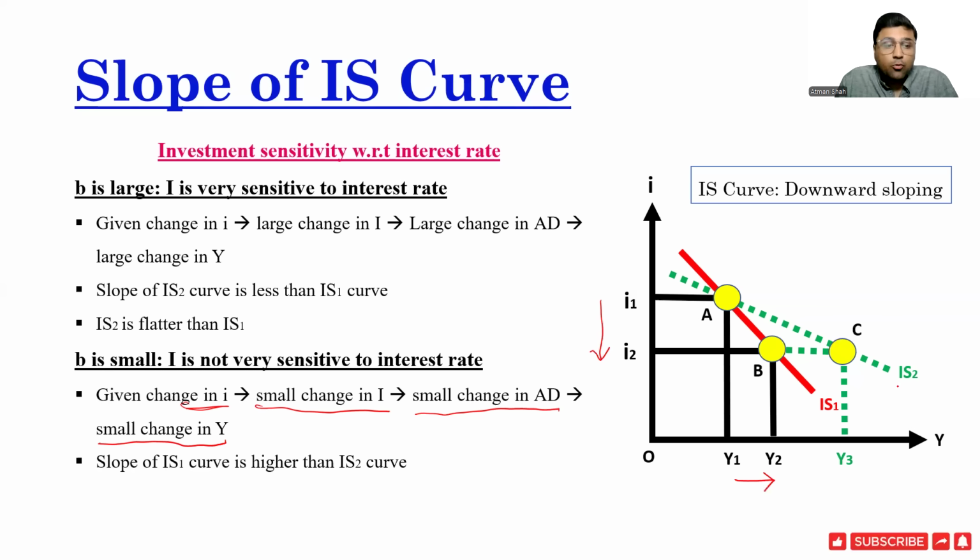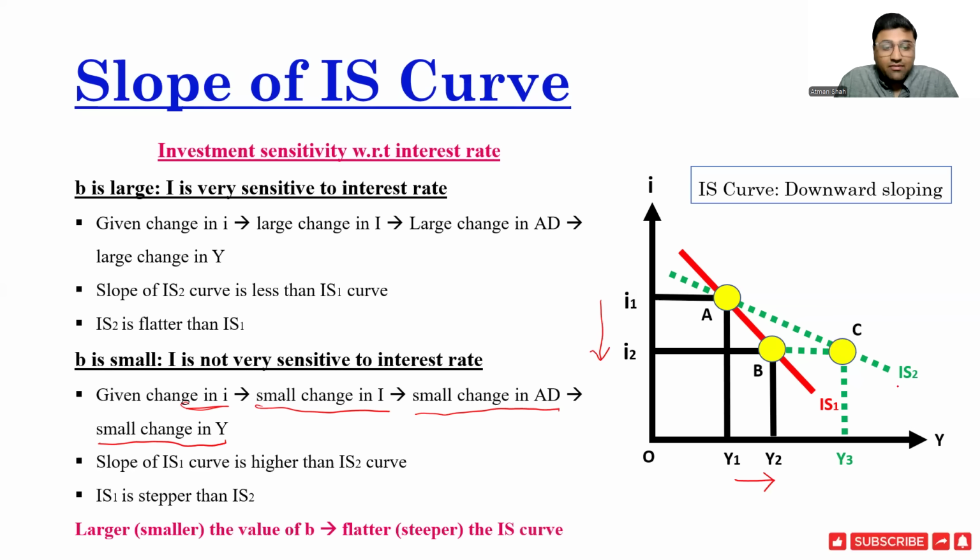And therefore the slope of the IS1 curve is higher than IS2. So IS1 is steeper than IS2. So the larger the value of B, the flatter the IS curve, or the smaller the value of B, the steeper the IS curve. So this is how the value of B, the investment sensitivity with respect to interest, affects the IS curve.